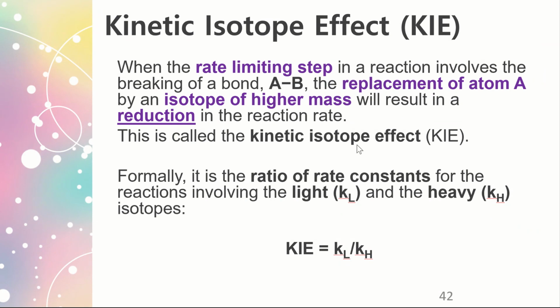And this is called the kinetic isotope effect, or KIE. So normally it is defined as the ratio of the rate constants for the reactions involving the light isotope, which we will call KL, and the heavy isotope, which is KH. So KIE is equal to the rate constant of the reaction involving the light one over the heavy one.